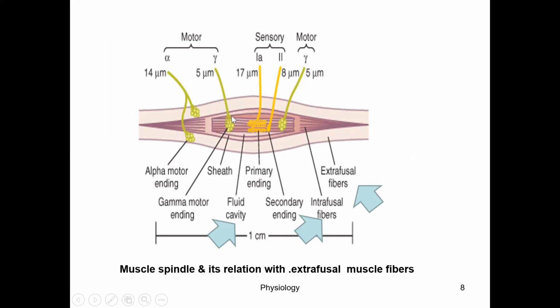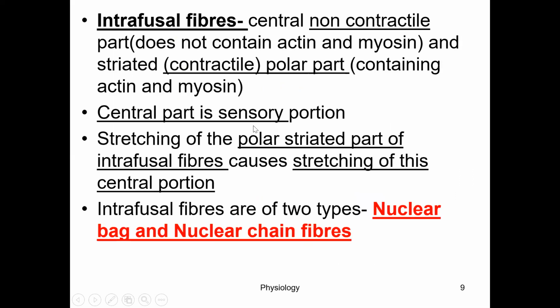So you can see that these are the intrafusal fibers which are arranged in parallel to the extrafusal fibers. And these intrafusal fibers contain fluid, that is ICF, intracellular fluid. So muscle spindle is made up of intrafusal fibers lying alongside the extrafusal fibers and containing the fluid. So this is the structure of the muscle spindle.